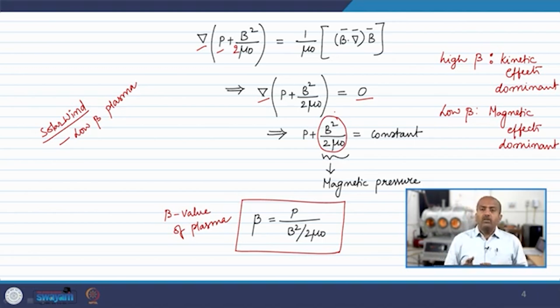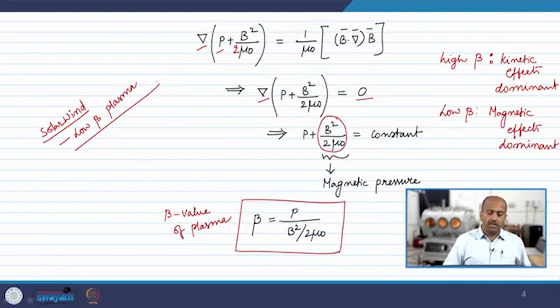A low beta value always indicates that magnetic effects are going to be more dominant in comparison to the kinetic effects, and a high beta plasma tells us that kinetic effects are going to be more prominent in comparison to the magnetic effects.